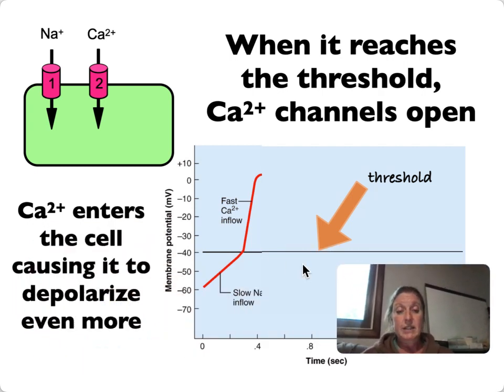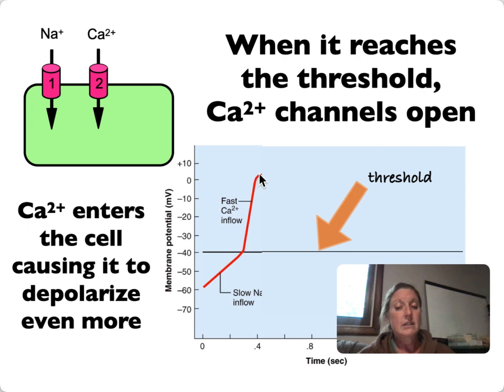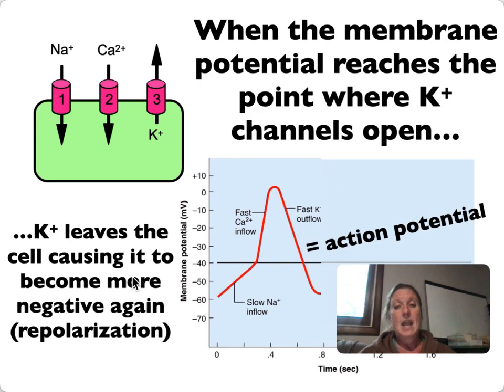Right? So the sodium was leaking in here. When we reached this charge, the calcium channels opened. Calcium comes rushing in, and it's got two positive charges for each ion. And so it gets positive very quickly. And then when the membrane potential reaches its peak, then the potassium channels open and the membrane potential returns back to the resting membrane potential.